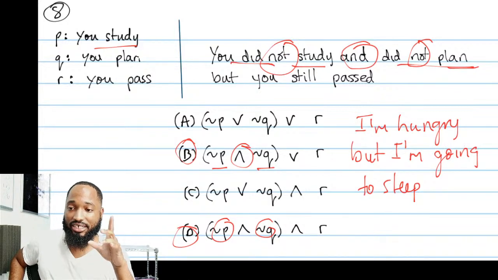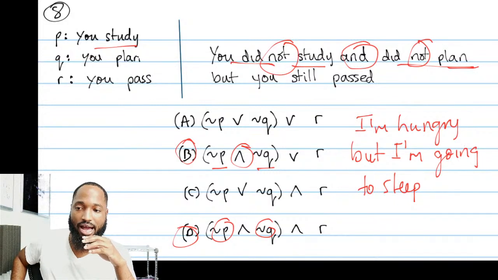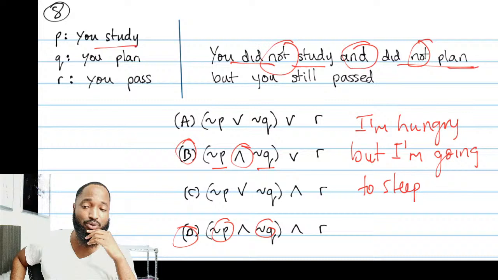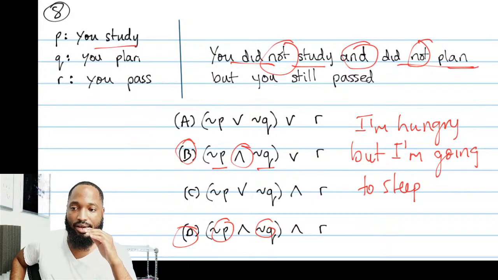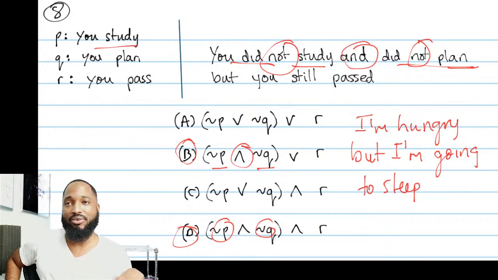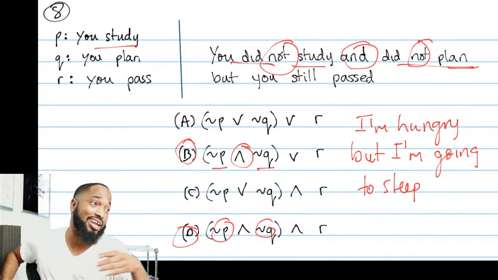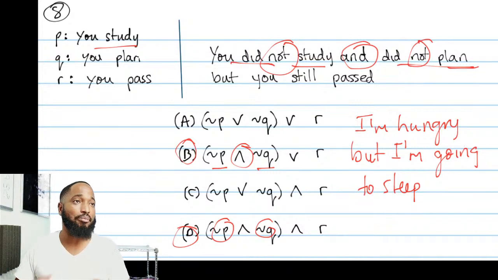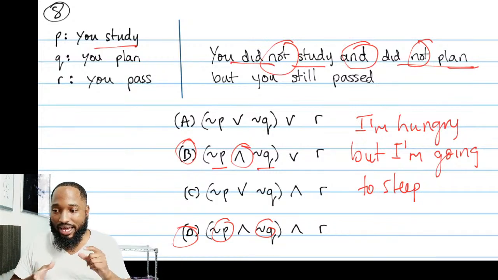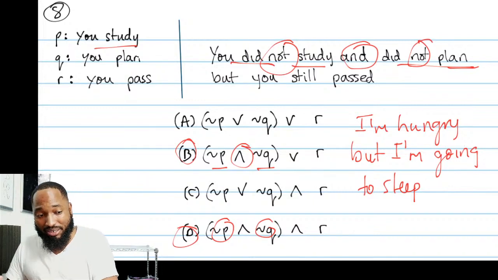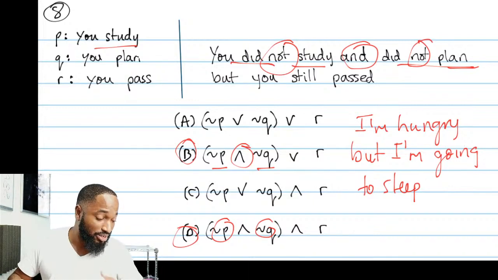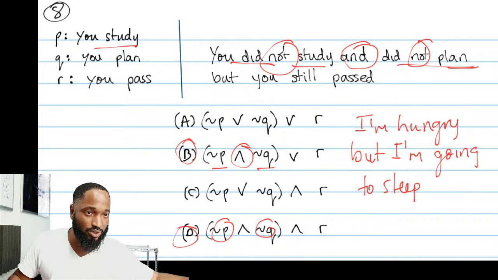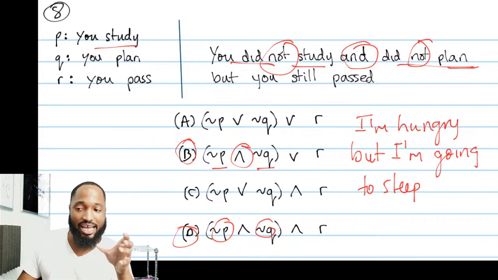Can I say I'm going to sleep and I'm hungry? Or can I say I'm going to sleep or I'm hungry? Which one makes sense? From there you can clearly see that or makes no sense, not carrying the same idea, as this is happening but I'm still going to do this. So but is an and.